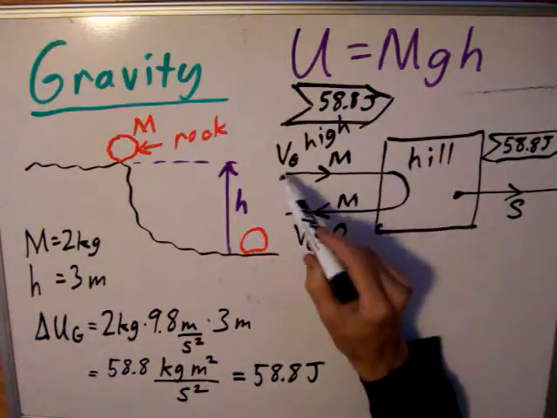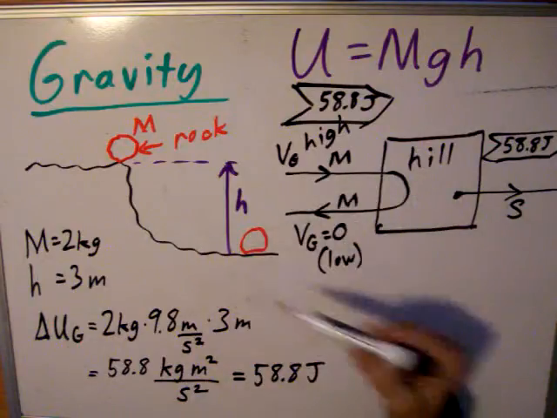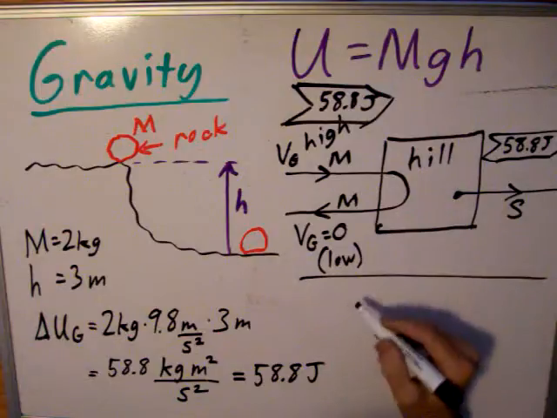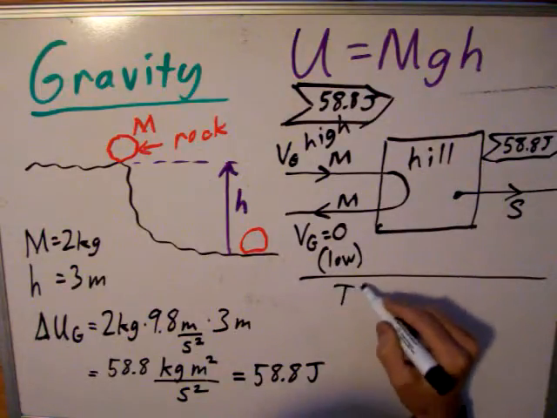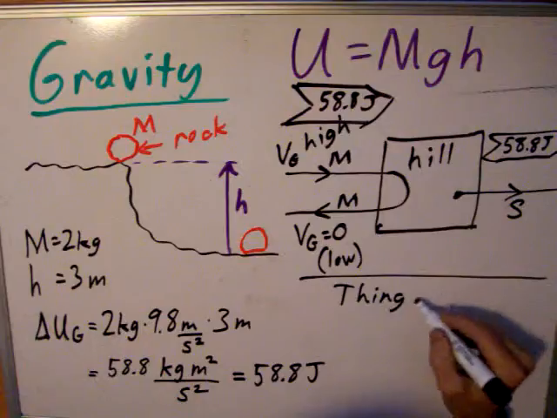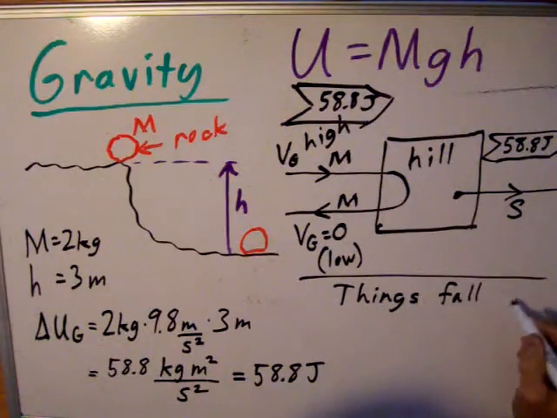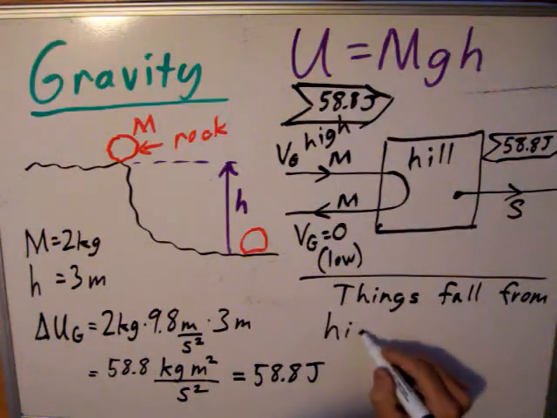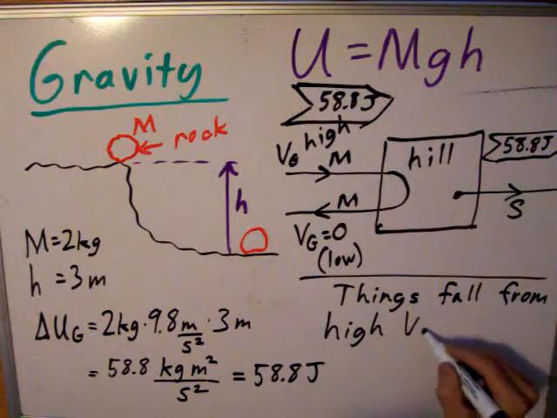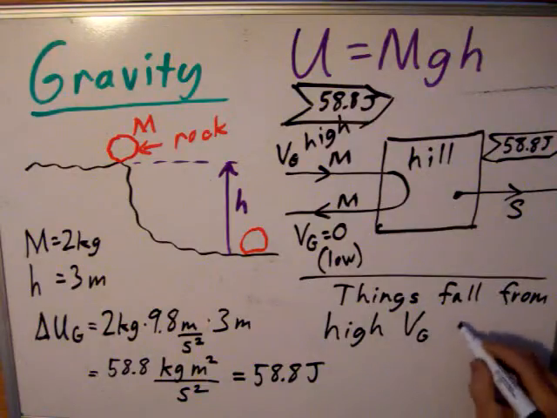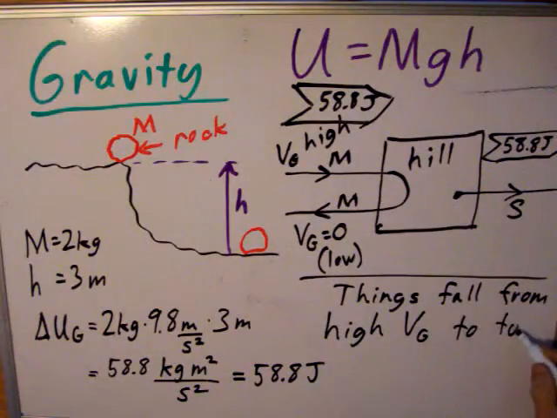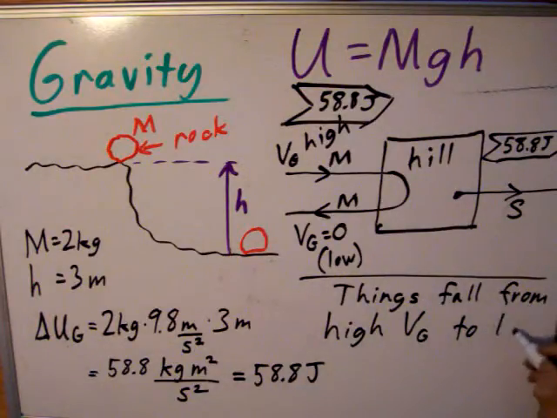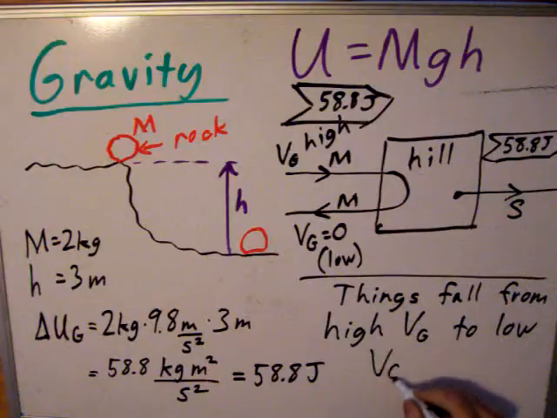So now we can make a general statement about things which are under the influence of gravity, and that is that in general, nature tends to make things fall from high Vg to low Vg.